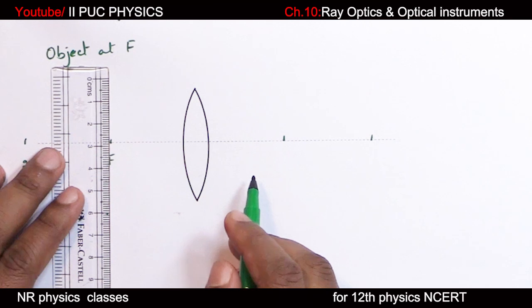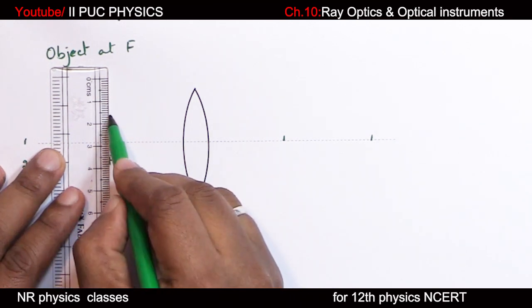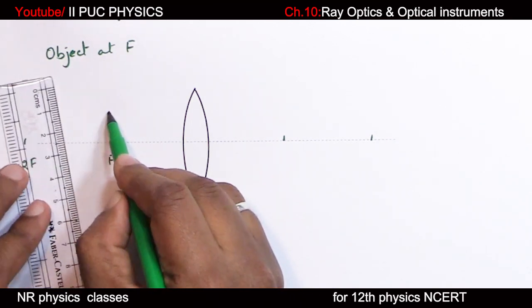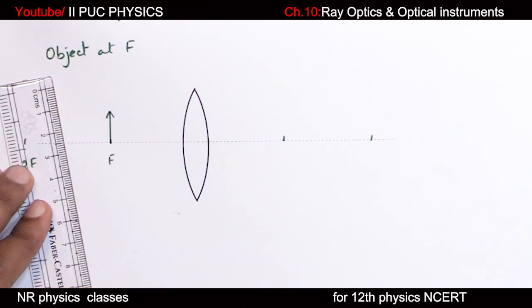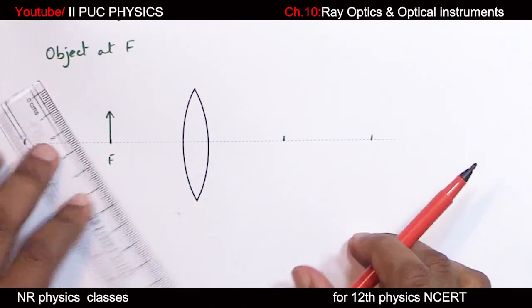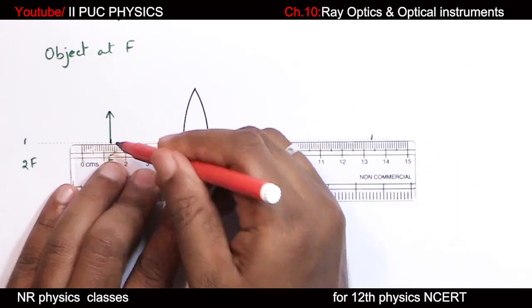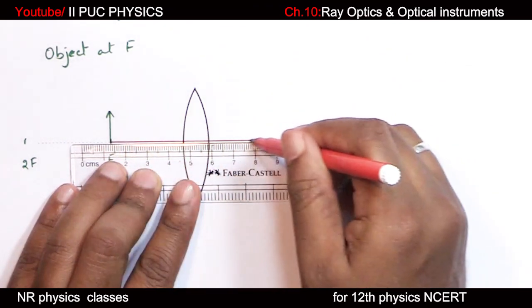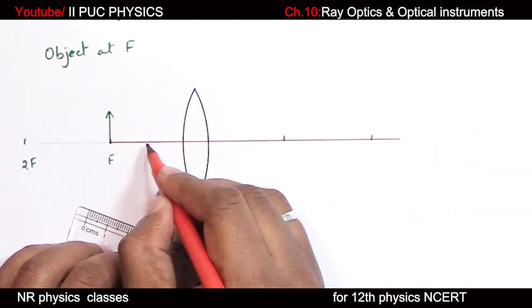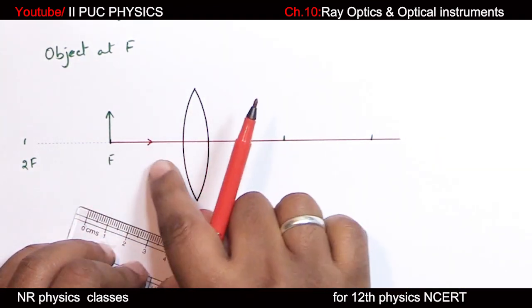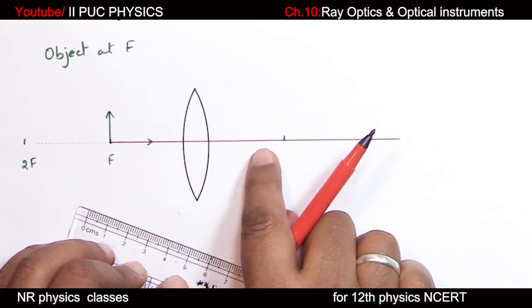If this is an object on the principal axis at F, this is a linear object. This is a ray along the principal axis. From the foot of the object, there is refraction, but there is no deviation, bending.